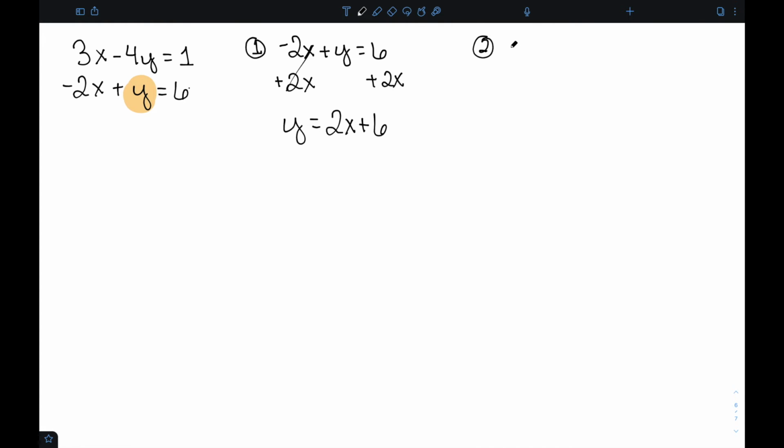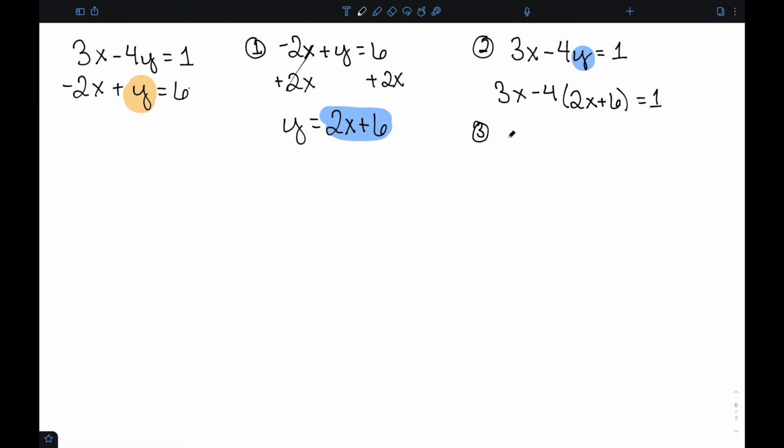My second step uses my other equation, in this case the first one, 3x minus 4y equal to 1. And in this case, I'm going to change the y to this expression that I found in step 1. This tells me I have 3x minus 4 times 2x plus 6 equal to 1.